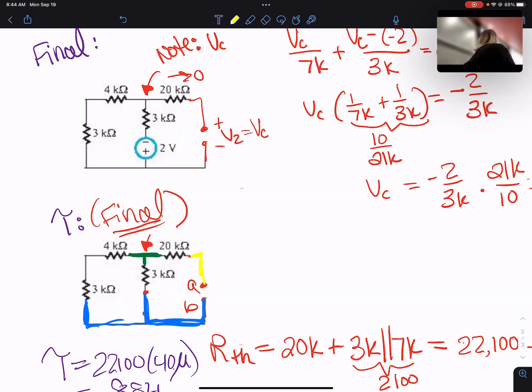Whenever you don't have a ground, you can put ground anywhere you want in the circuit. The most beneficial place to put it is the spot that has an extraordinary node with the most connections off of it.